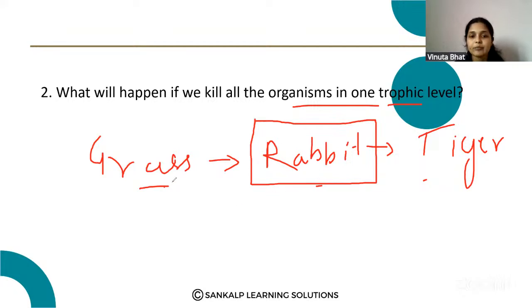The grass number may increase, and the tigers will die in the absence of rabbits. So there is a chance of environmental imbalance. That is the effect of killing the organisms present in one trophic level.